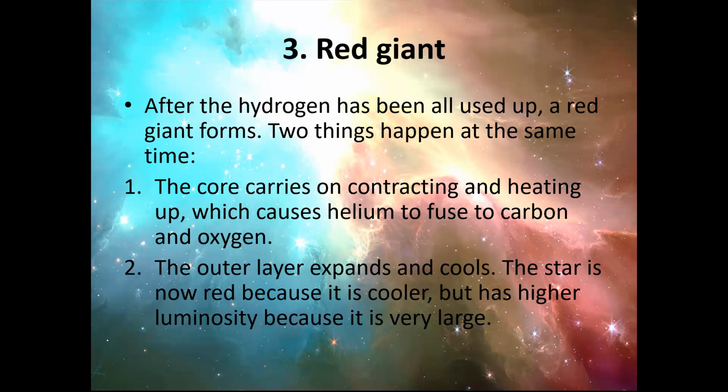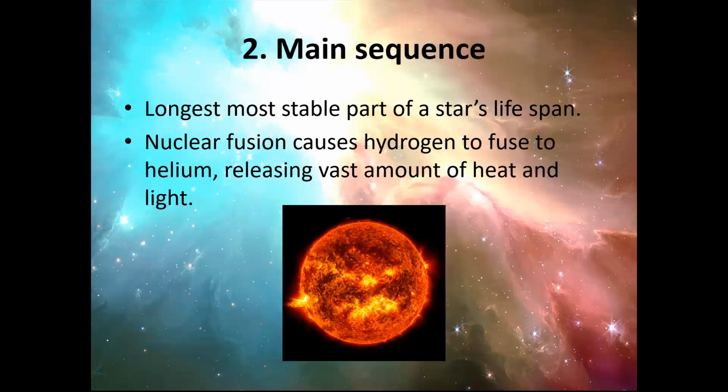The reason why most stars are in this main sequence is because, remember the hydrostatic equilibrium? We've got an equal pressure pushing outwards, and an equal force of gravity pushing down towards the center. That's quite nice. There's a nice balance between those two factors.